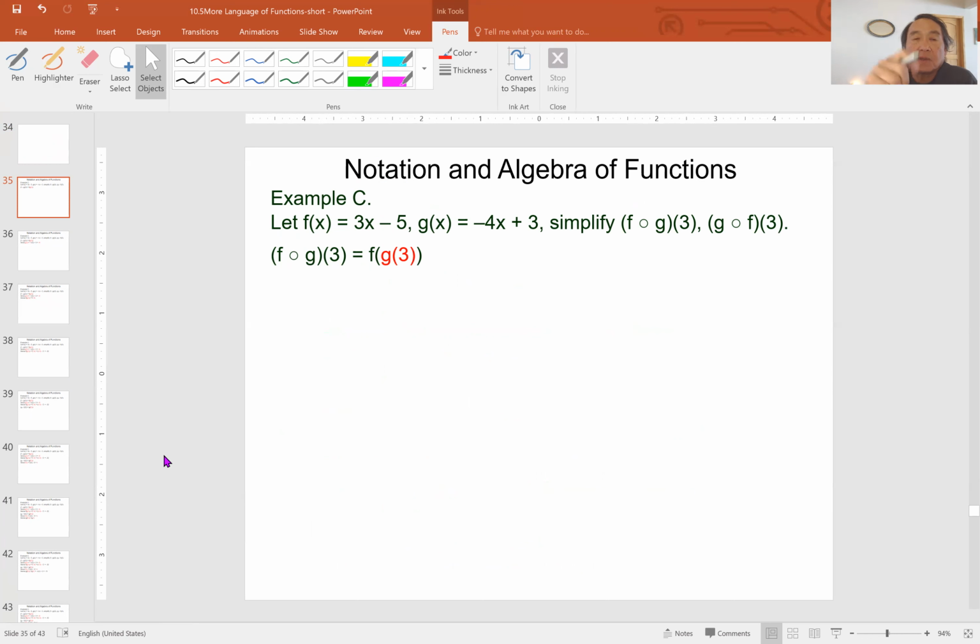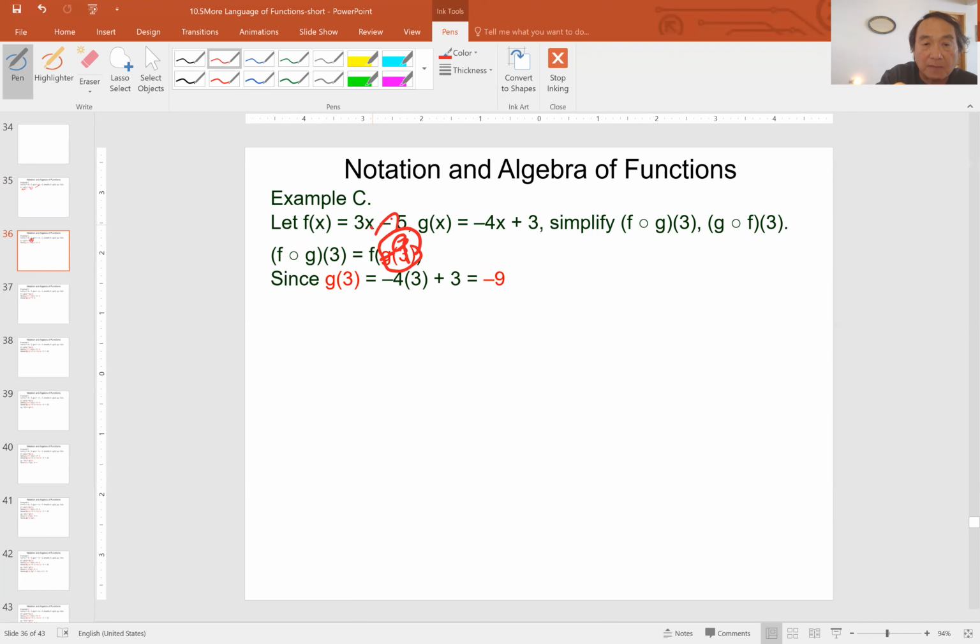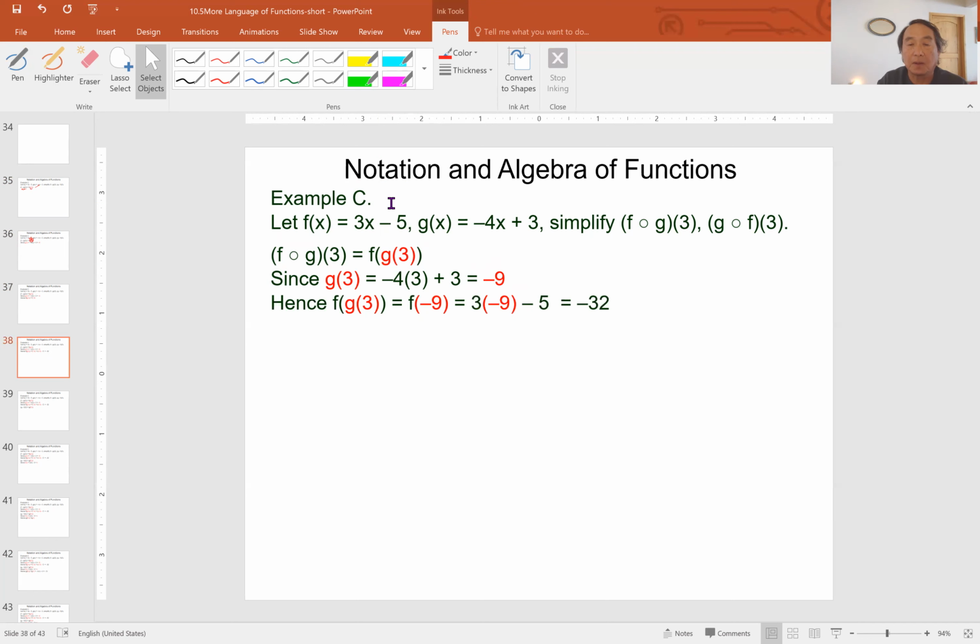So the 3 works itself through the formulas one by one. First 3 works itself through g. Put 3 into g, it's minus 9. Now minus 9 is going to work through f, put into f. So that's the output. That is f circle g of 3.